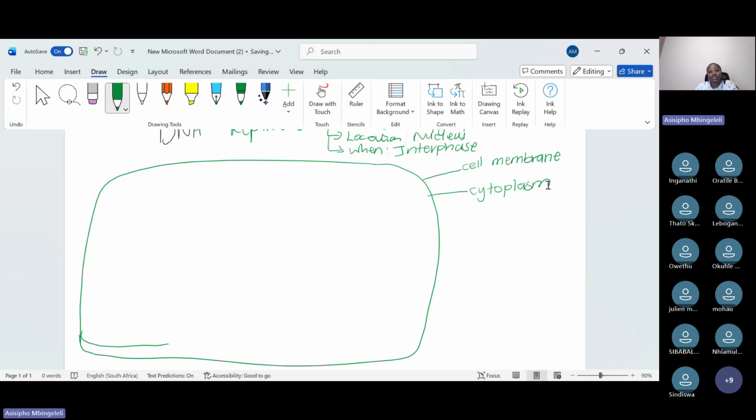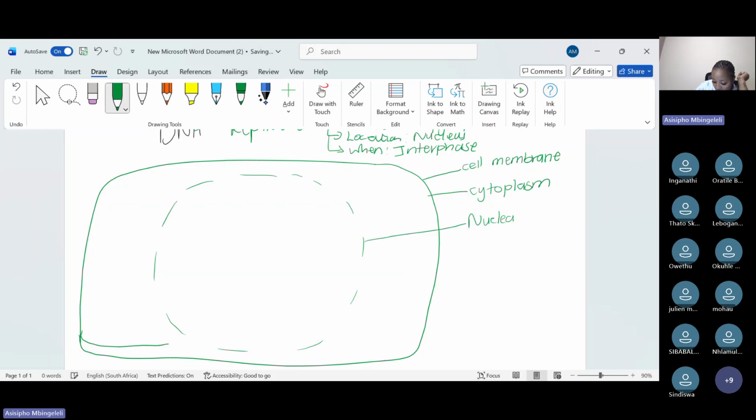Then in the cytoplasm, we find other organelles. And one of the organelles that we find in the cytoplasm is the largest organelle, which is the nucleus. There is the nucleus. Making up the nucleus is the nuclear membrane.